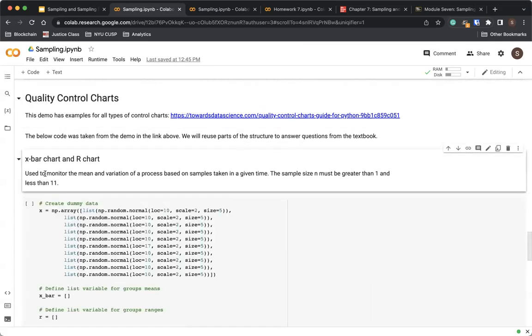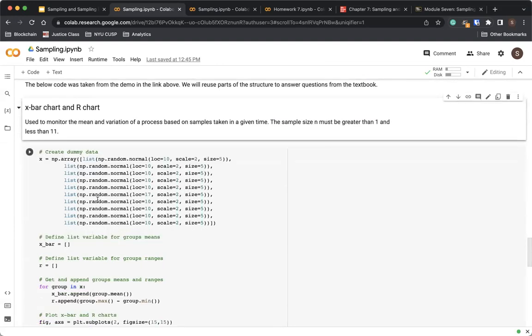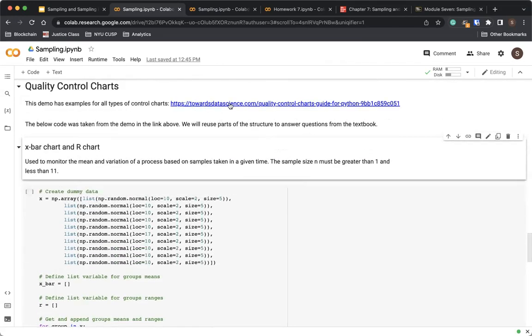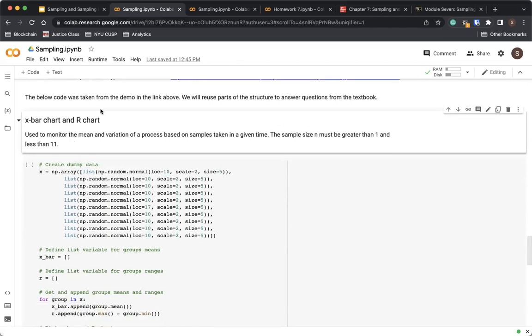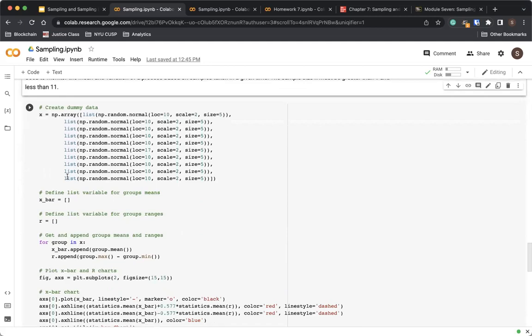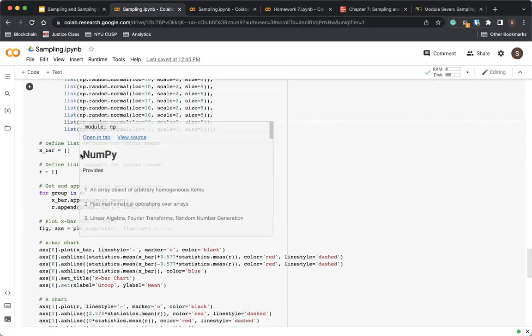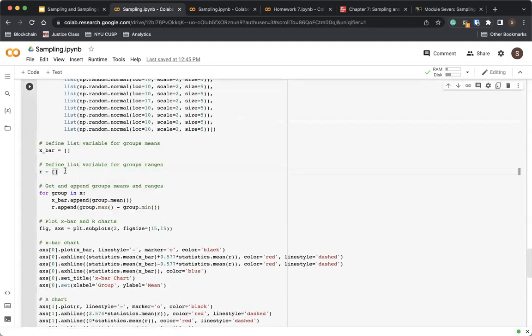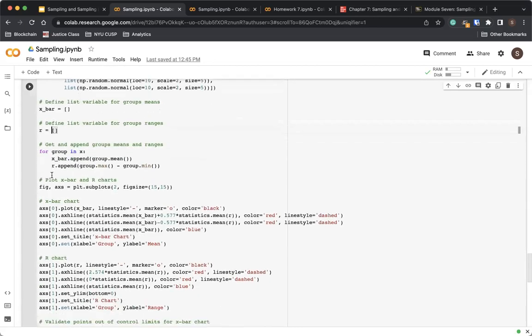So I just wanted to bring one of the excerpts from his code quality chart guide that I have right here. And this just looks into different samples and creates this X bar and the R chart, which looks at the variability.